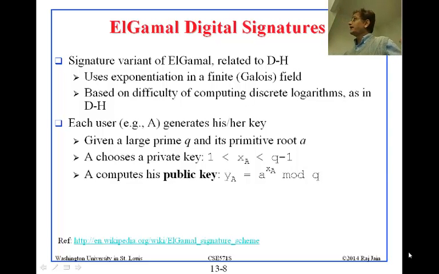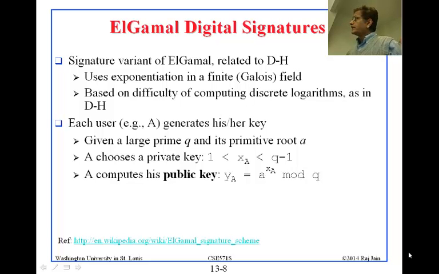The first one is by Elgamal, and it uses exponentiation, just like we saw before in Diffie-Hellman and the Elgamal algorithm that we talked about earlier. Obviously exponentiation means the discrete logarithm is difficult: you can easily exponentiate something, but you cannot take the anti-log, you cannot do the log.